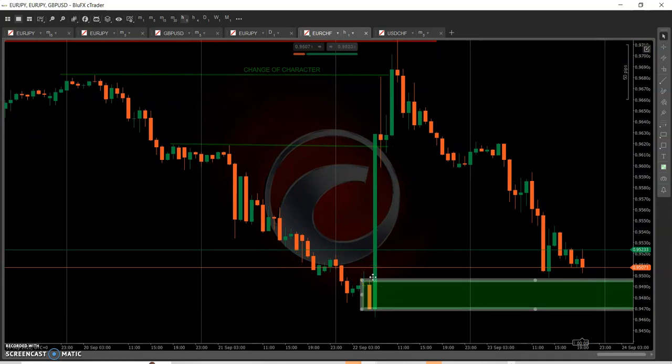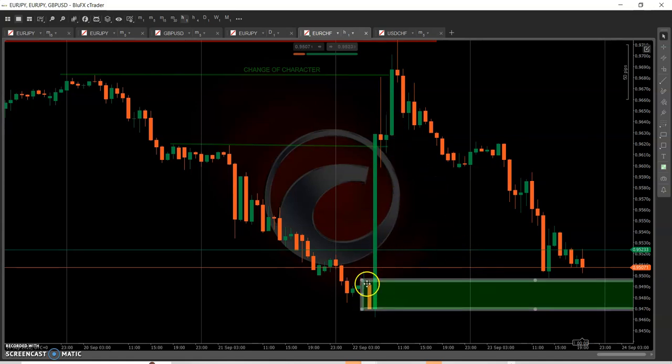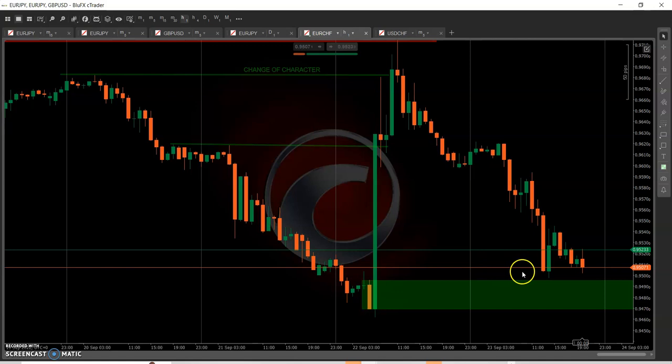Why do we call it the other block? And why do you think price came there? We already have this fair value gap. Price needs to come down to mitigate the other block so that buyers that are sellers that are stuck can get out and then the trend can continue.